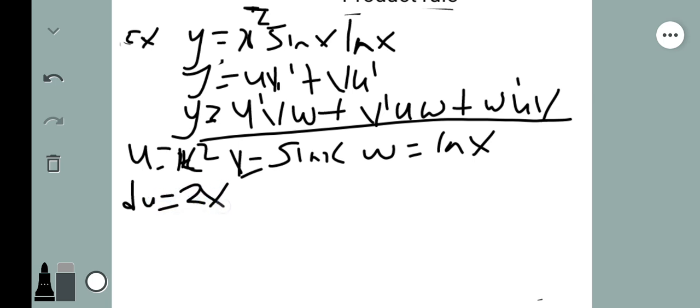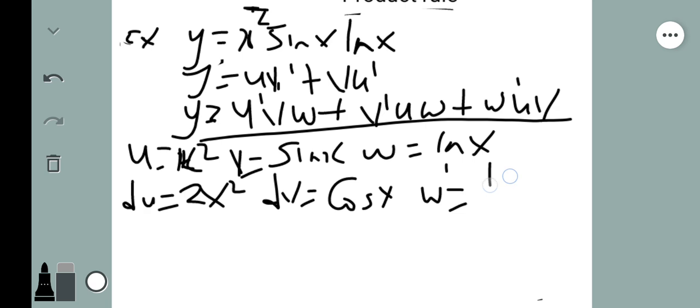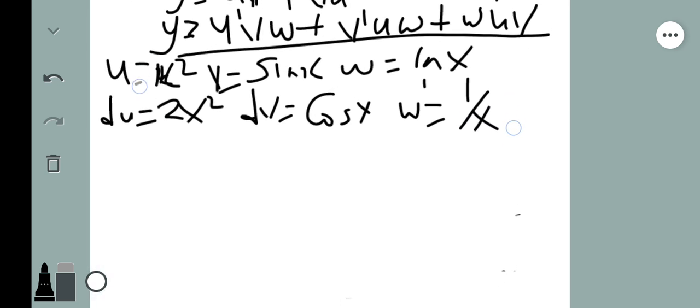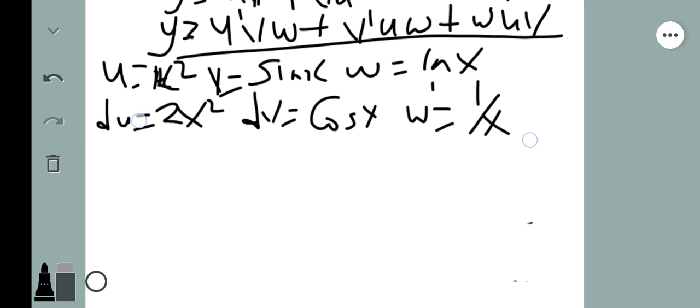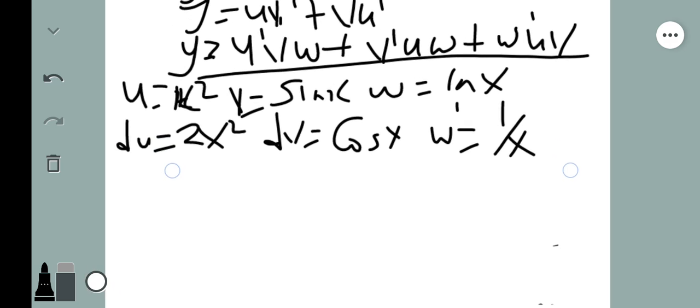And dv/dx, which is v prime, will be cos x, and w prime, which is dw/dx, will be 1 over x. From this, we can input these into our formula and get our final solution.